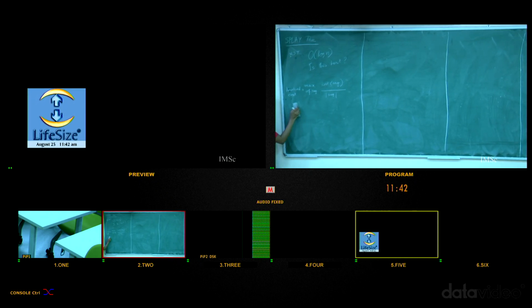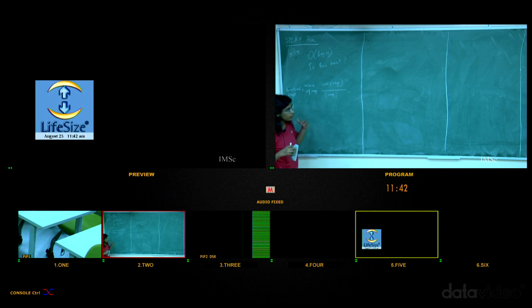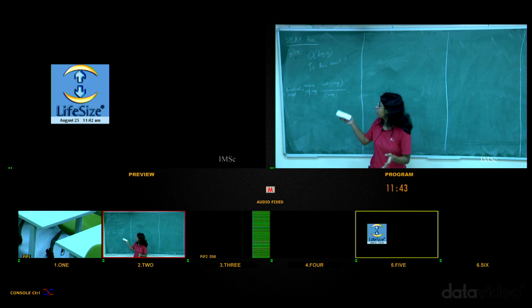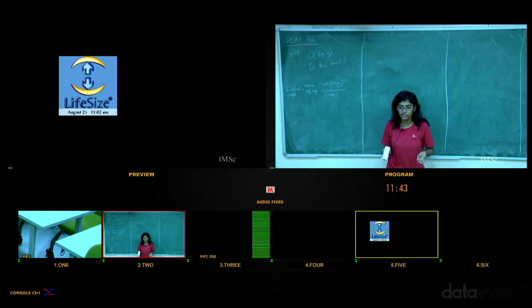Before I talk about the sequences, today we will assume that our universe is totally ordered, since we are talking about binary search trees, that is essential.